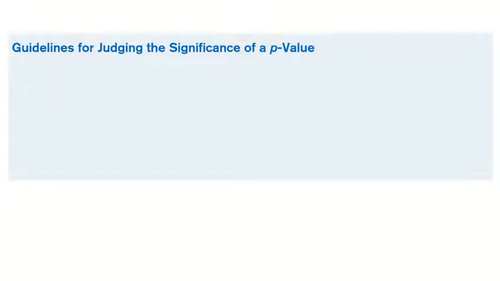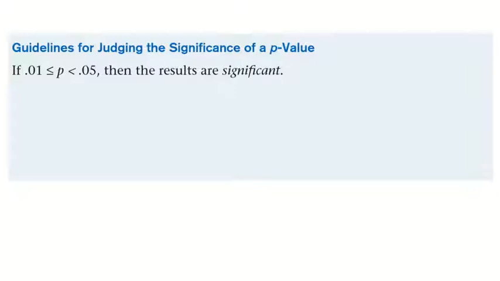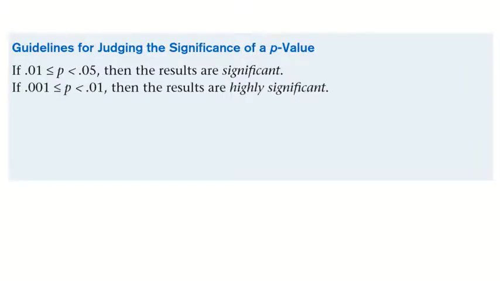If the p-value is greater than 0.01 but less than 0.05, like in our examples a while ago, then the results are significant. If the p-value is greater than 0.001 and less than 0.01, then the results are highly significant. So the lower the p-value, the more significant your result will be.